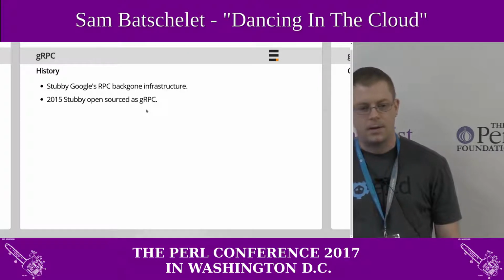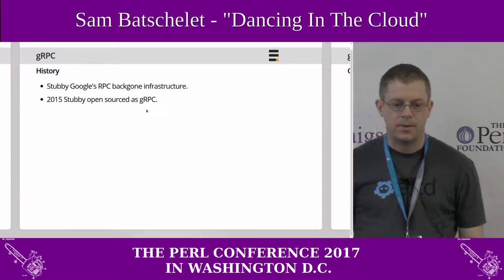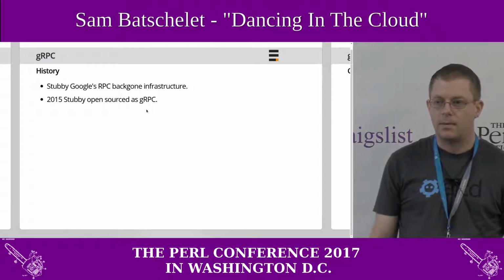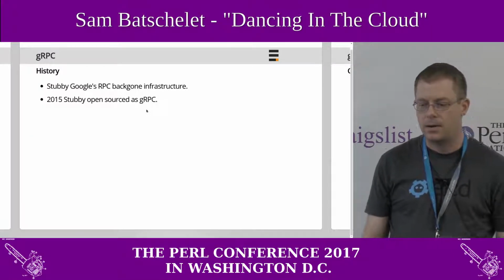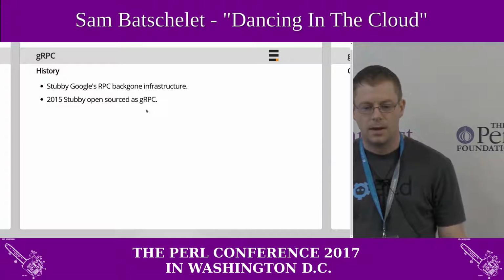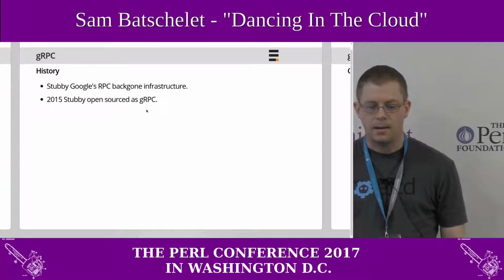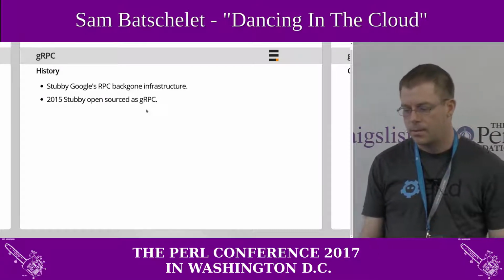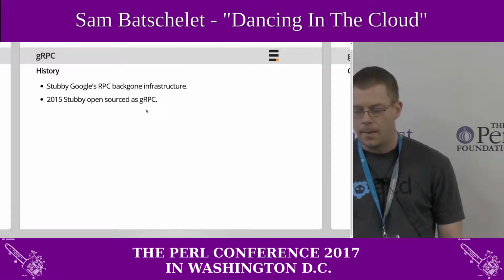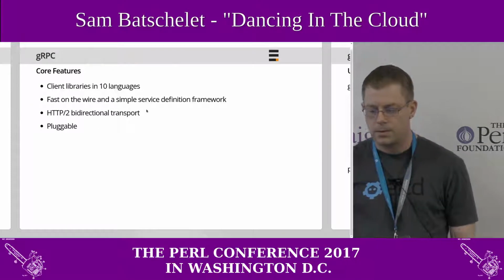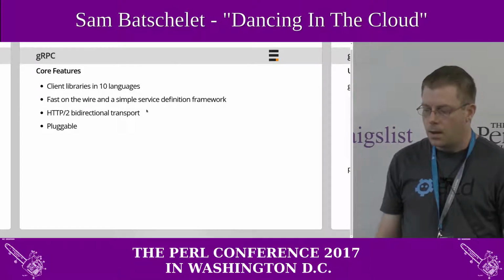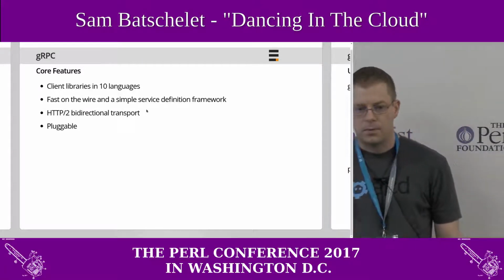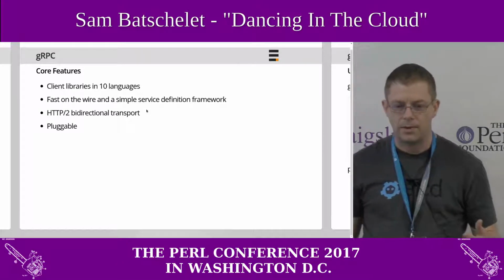In 2015, Google realized that technologies and open source standards such as HTTP2 and SPDY were coming out, so they wanted to open this up to the community and bring Stubby into the next iteration, which became gRPC.